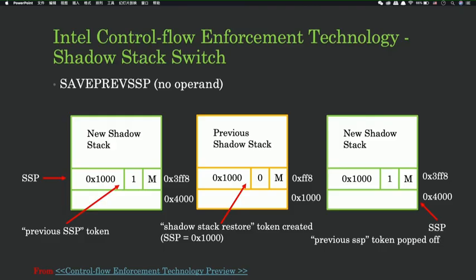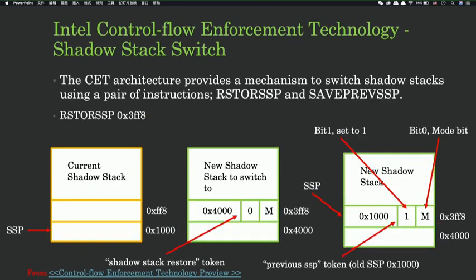We want the previous shadow stack to have this shadow stack token, so that we know we are able to go back to this stack when this is done, or to some other shadow stack after the use of it. Then we put this, which contains the address of the previous shadow stack, which is here.